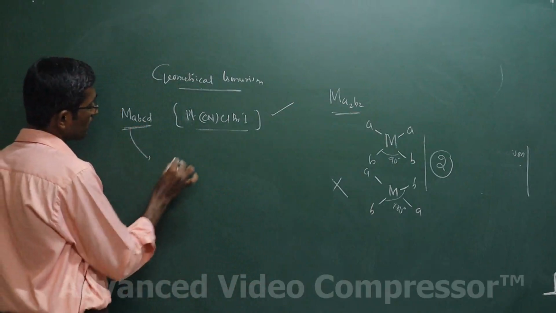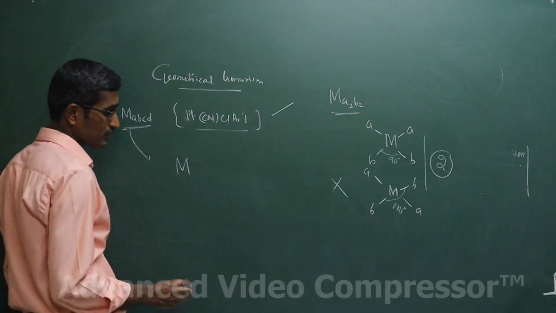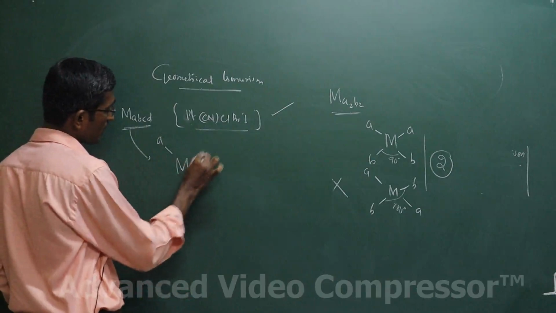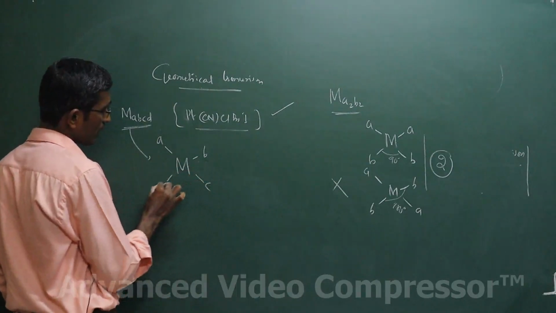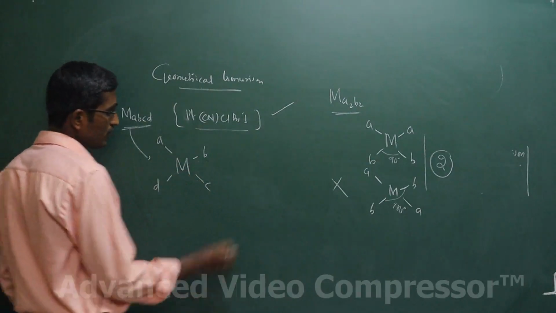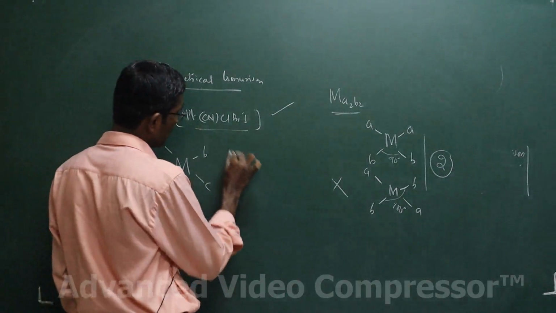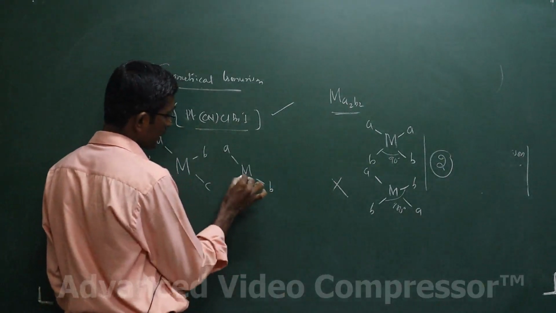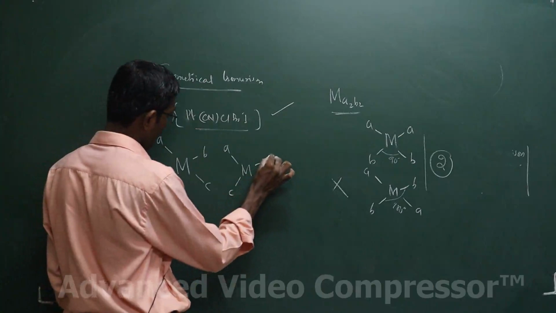So M, A, B, C, D. M is at the center, right? I'll put it A, B, C and D. This is the one form. Second form I can write as M, A I'll keep as such, B I'll turn around, C and D I'll put.